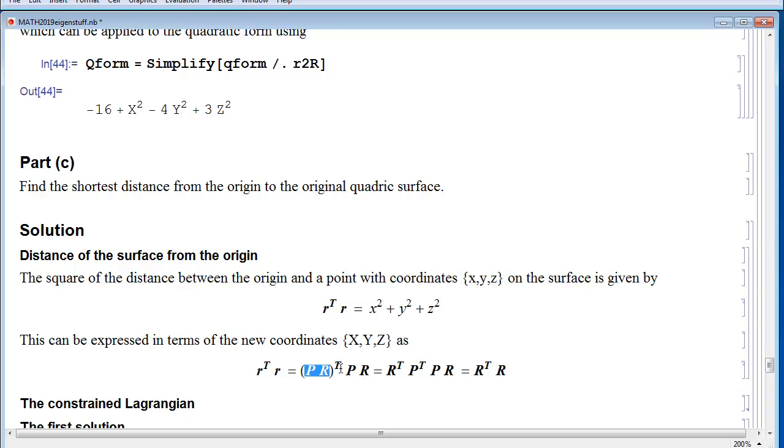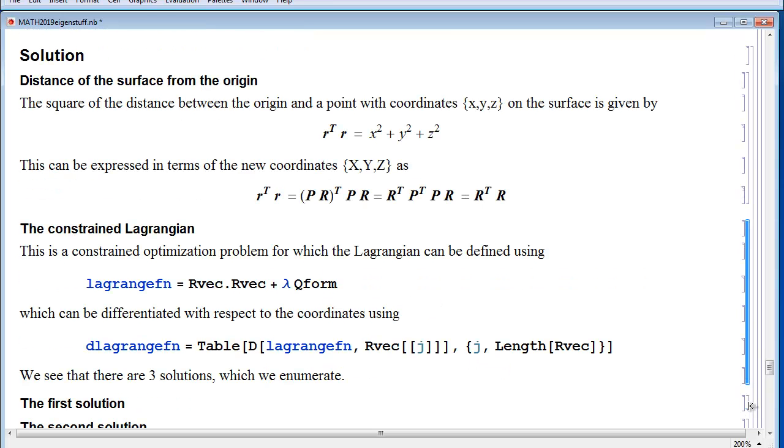We take the transpose and then we multiply that by PR, and using the rules for the transposes we can see that the result is R transpose R. So we don't have to worry about this. We can work with the square of the distance relative to the principal axes.